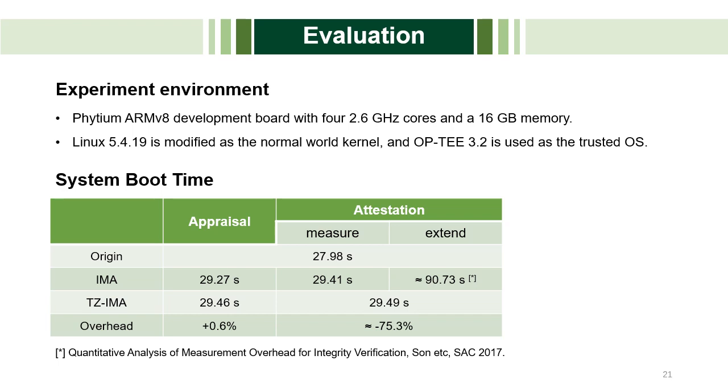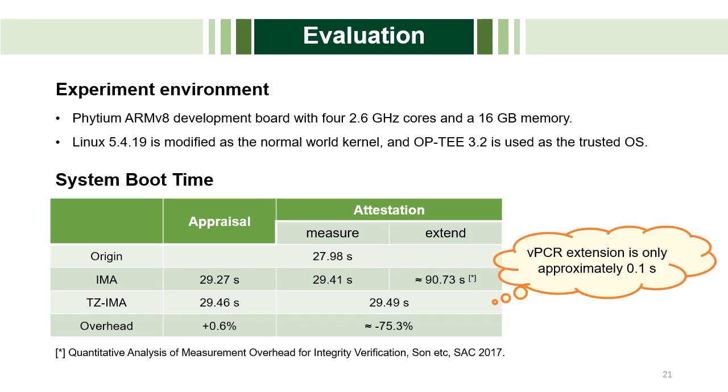However, based on TrustZone, the overhead of TZ-IMA attestation brought by the world switching and the vPCR extension is only approximately 0.1 second, decreasing by 75% compared with IMA attestation.